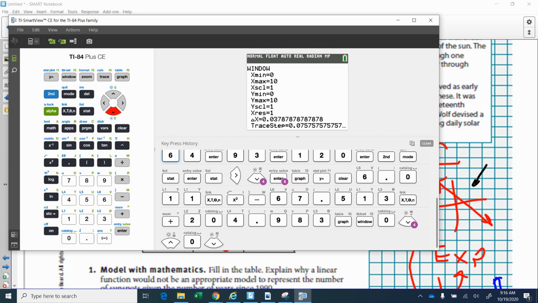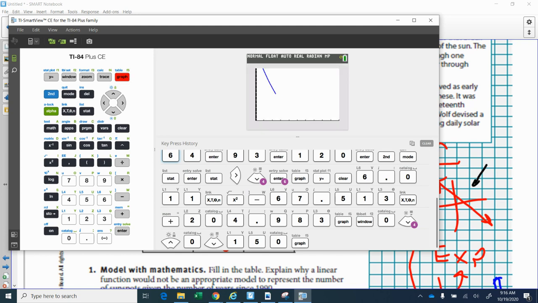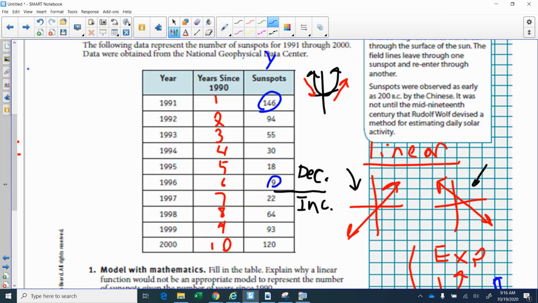And for my Y max, let's go ahead and do 150 so that all those values are going to fit in. Now when I hit the graph button, my graph shows as shown. Okay. So that's just me adjusting my window based on the data. My X min and max is based off my X's. My Y min and max is based off my Y's.